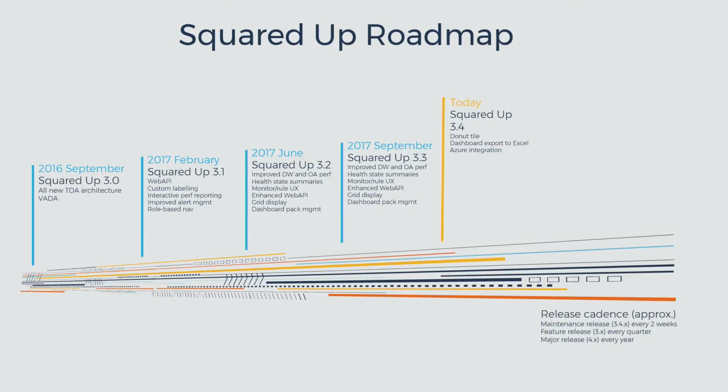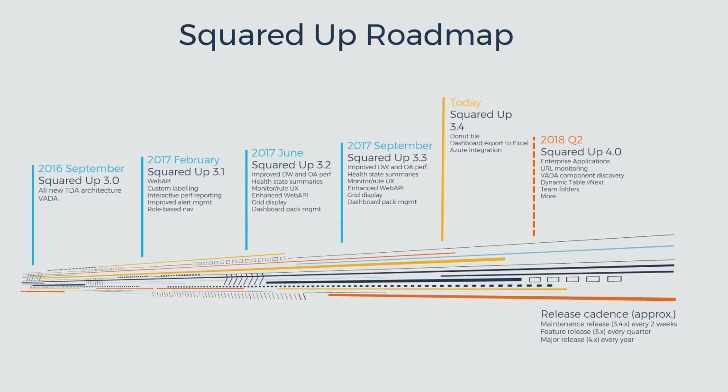We have been talking about Squared Up vNext, both at Ignite and other events. So I just wanted to clarify that we have a brand new version, Squared Up 4.0, coming out later this year, covering a whole new array of features around enterprise application monitoring. That is still coming ahead, and we'll be introducing it to you as soon as we have a tech preview and general availability later this year.